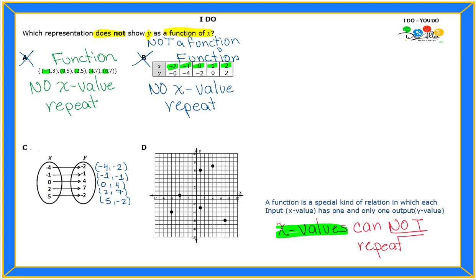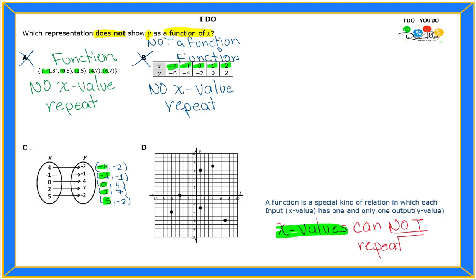Some of the biggest mistakes that I've seen students make is when they are given a mapping and they don't write down the ordered pairs again. It's very likely, okay, that they can get confused deciding whether x or y are repeating. So my advice is, don't go through that problem. Just rewrite them. And now I'm going to look at my x values. And I do not see any x value that repeats.